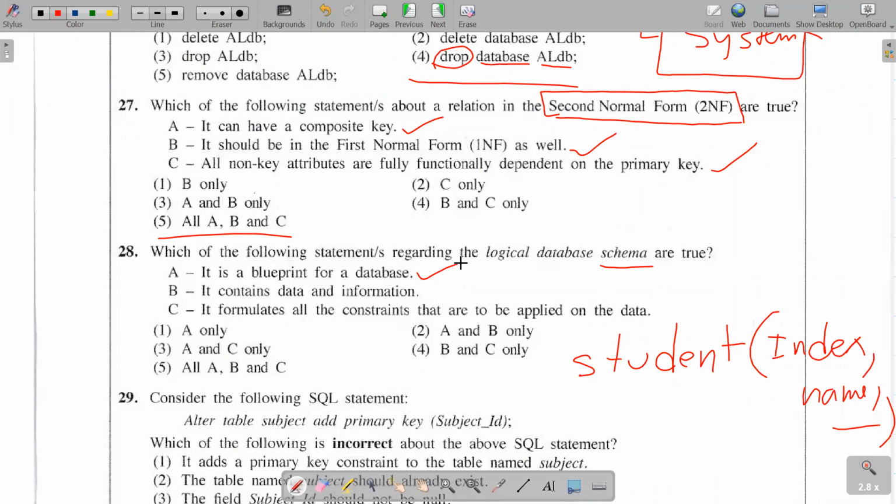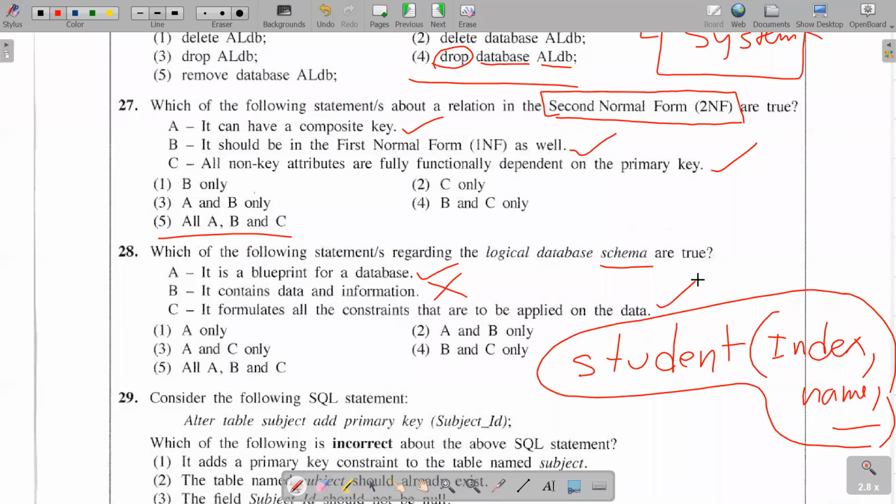This is the map. It contains data and information? No, it does not. It's just the structure, so this is wrong. It does not contain data and information. It formulates all the constraints that are to be applied on the data. Yes, we can say that.